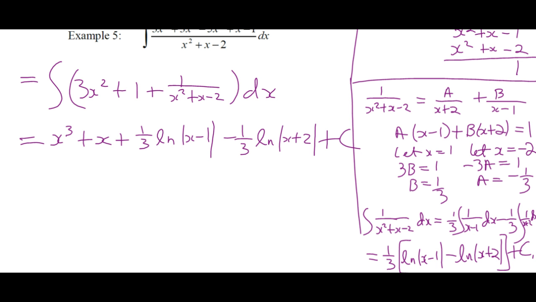It's better if we write this with a common denominator of 3.